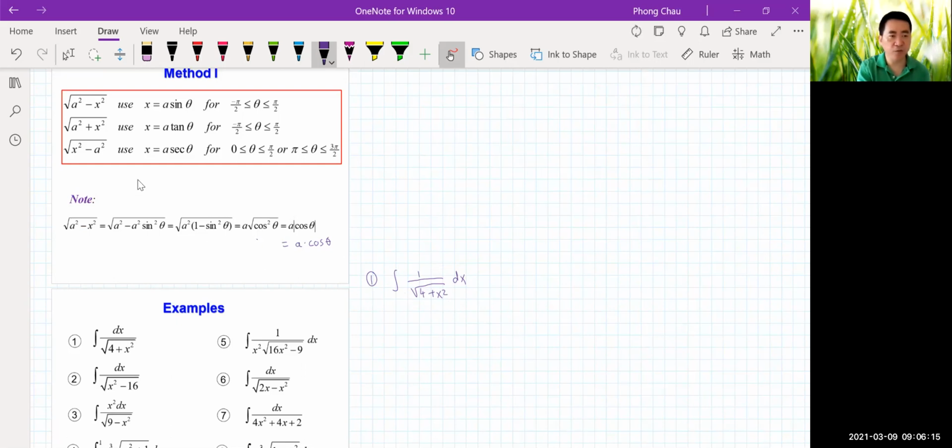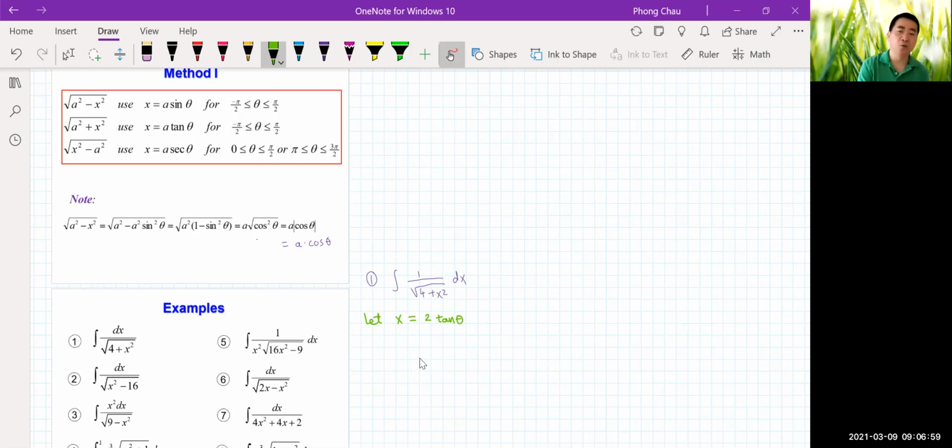So that falls into the case with a squared plus x squared. The a in this case is 2. So what you want to do is notice that I'm using substitution, but instead of letting u equal something, I'll let x equal 2 tangent of theta. A is 2. Now, don't forget, again, when changing variables, everything needs to change.